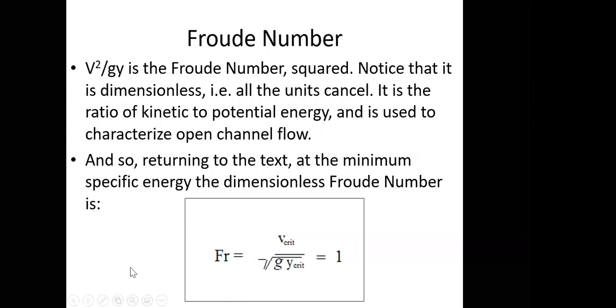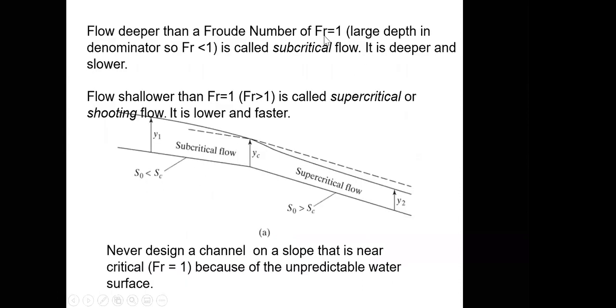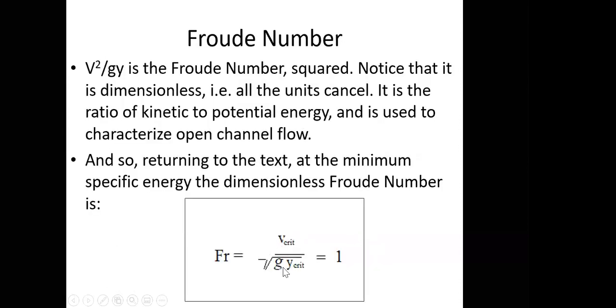Flow deeper than the Froude number equal to 1 means it's a larger depth. If we see over here, if the Froude number is greater than 1, then this depth value is small.